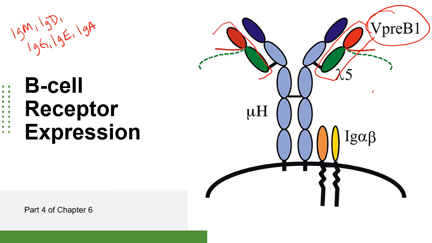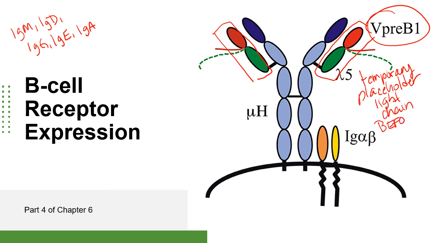This is a temporary or placeholder light chain. And you get this one before light chain recombination, but after heavy chain recombination.